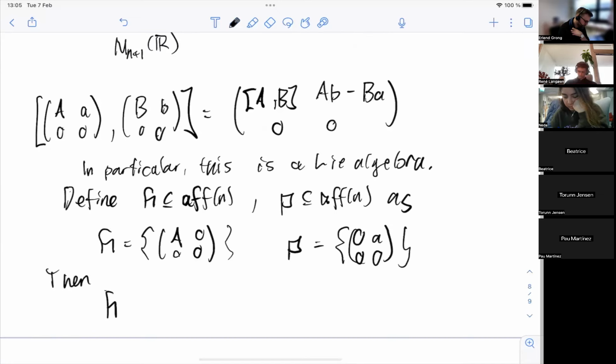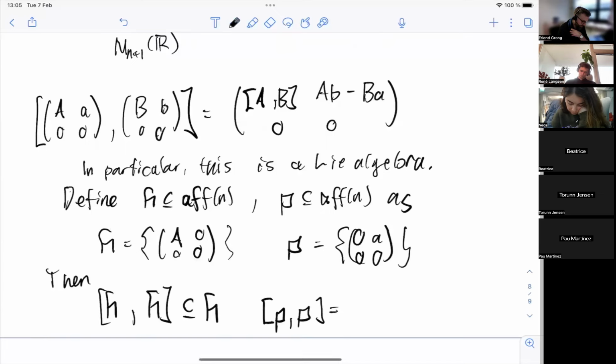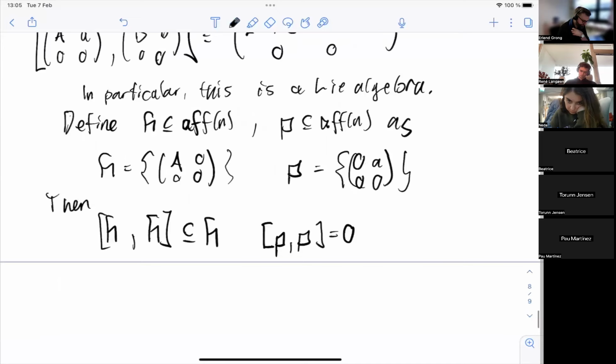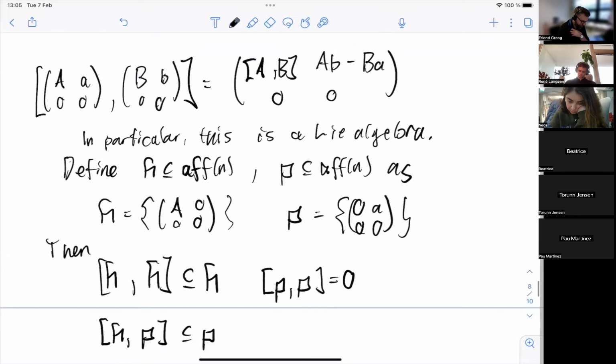Then if I take the bracket of elements in H with elements in H, I go inside H. If I take brackets of elements of P with itself, I get 0. And if I take H with P, I go inside of P. You see that from the definition of the bracket?